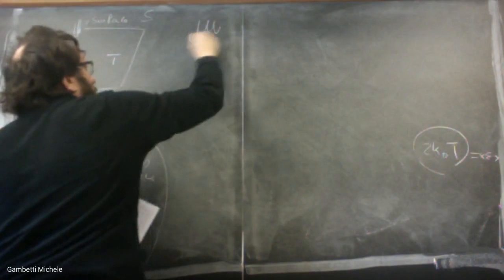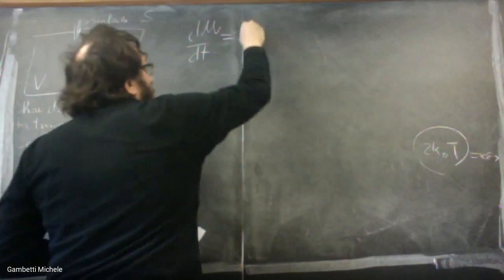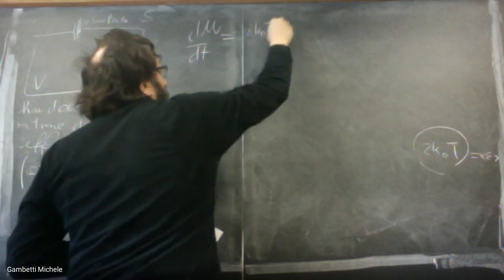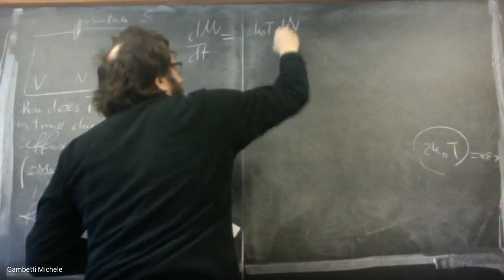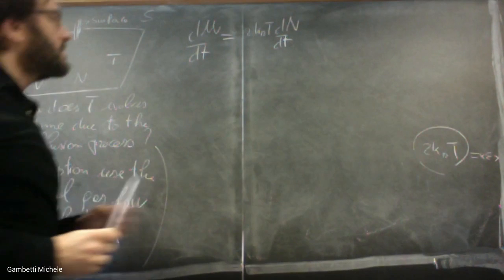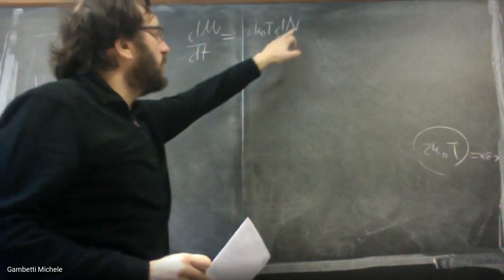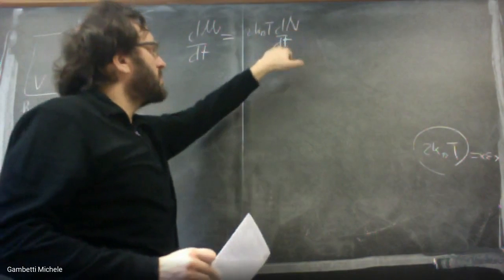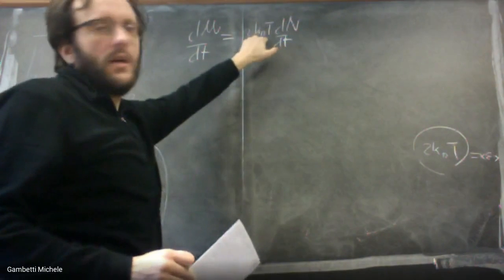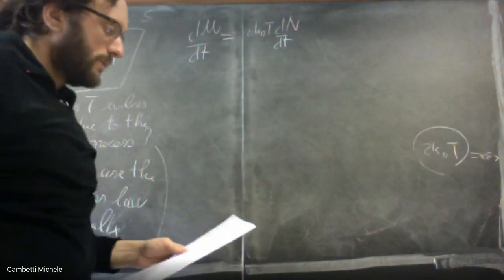And now I can write the equation dU/dt is equal to this average energy, 2kT, times dN/dt, which is telling me that this derivative of U is due to the variation of the number of particles inside the box, times the average energy that I'm losing because of effusion.